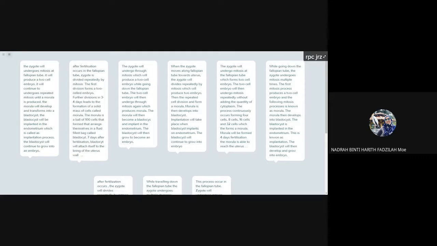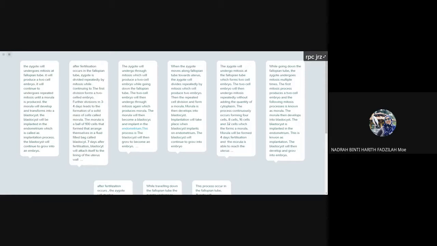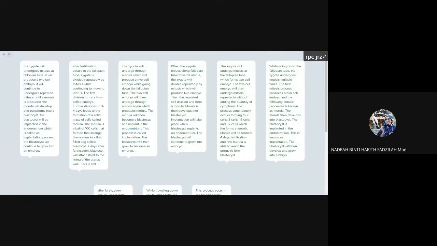Okay, 2, 4, 8, morula is there. Then the morula develops. The developing process is one mark, to become a blastocyst, that is another mark. Then another mark comes from the blastocyst burrowing into the endometrium, implanted into the endometrium.